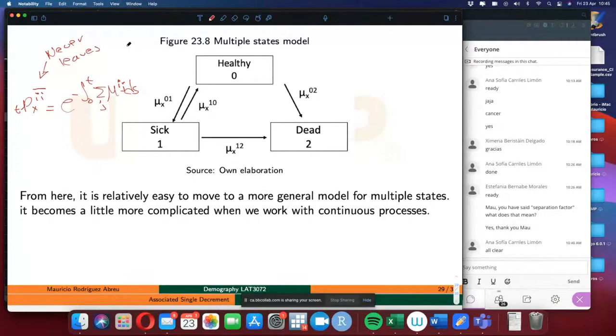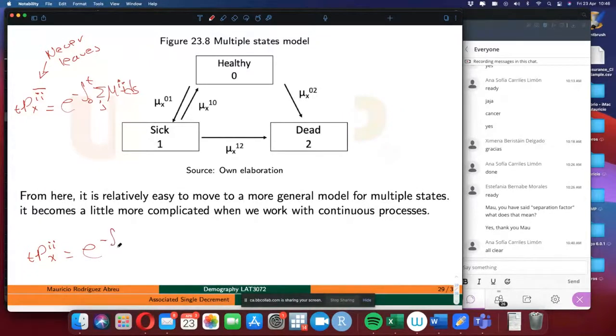So this person starts at age x in state i and at age x plus t is still in this state. That's fine. But we can have a more general perspective without the line, which is the probability of a person who starts at state i at age x being at that same state at age x plus t, but we don't know what happened in the middle.